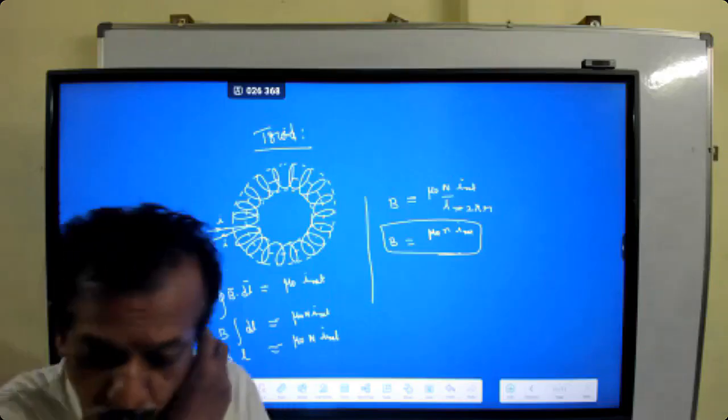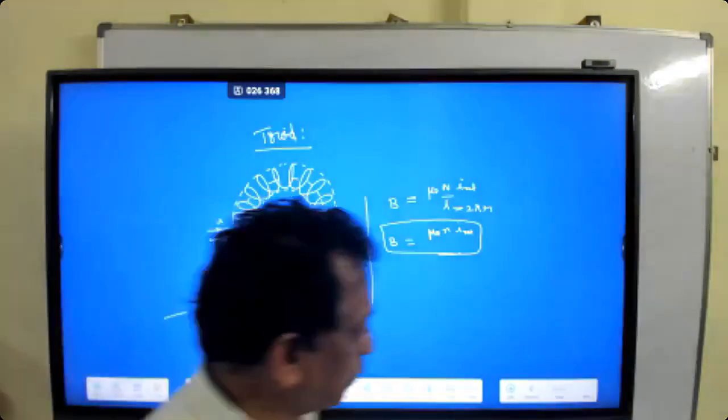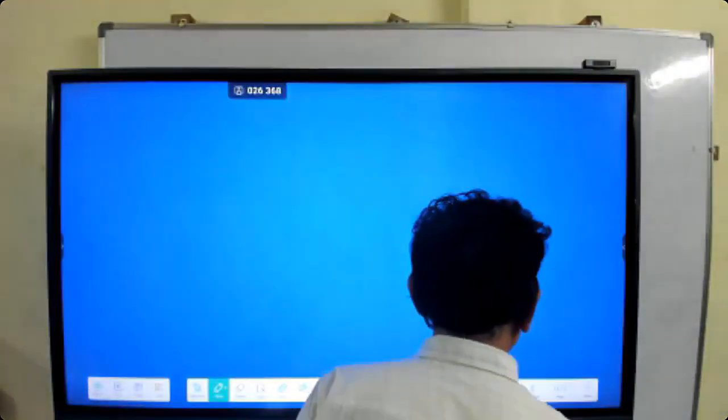Next, force between parallel current carrying conductors.